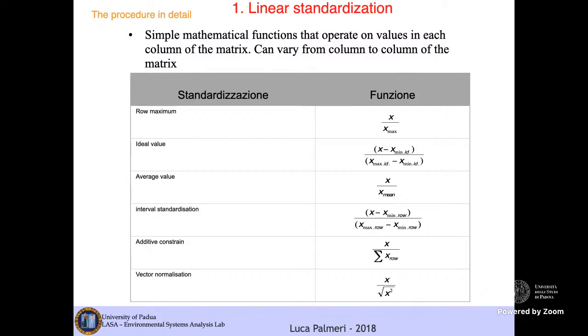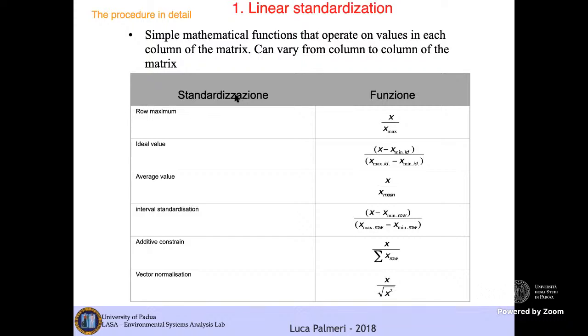So for each criterion, you may have a different way of standardizing the values. The classical standardization functions or methodologies are those listed here. For example, you may standardize by maximum. This means that in each cell of a column, you divide by the maximum value in the column, or you may employ an ideal value function.